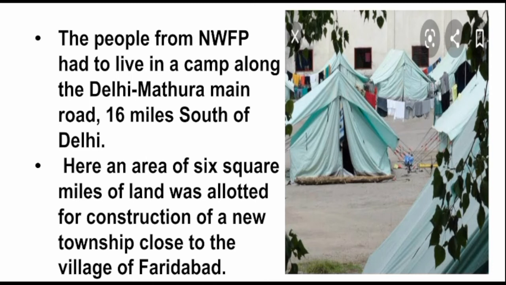Here, an area of 6 square miles of land was allotted for construction of a new township close to the village of Faridabad. It was difficult for the government to rehabilitate the people who were coming from Northwest Frontier Province. So they were asked to stay in the camps, and later on an area of 6 square miles was allotted for the housing of these people near Faridabad.